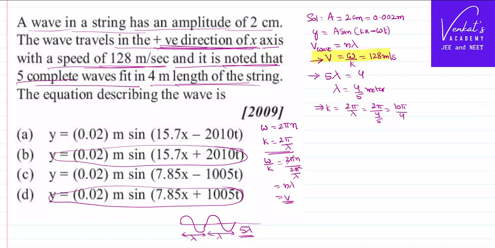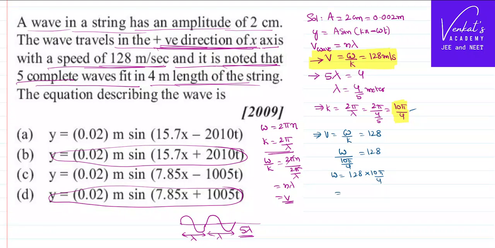Using the velocity concept, as you have found the value of k, now we can find the value of omega. Yes, v equal to omega by k is given as 128. The omega by k value is found as 10 pi by 4 is 128. So omega is equal to 128 into 10 pi by 4. That's the value of omega.